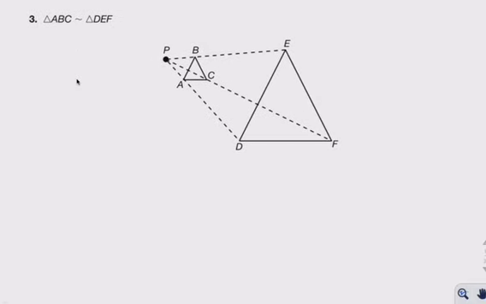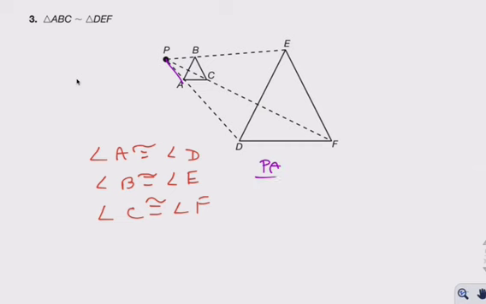Okay, same thing here. You need to write that. For these two triangles to be similar, angle A has to be congruent to angle D. Angle B has to be congruent to angle E. Angle C has to be congruent, that means exactly the same, as angle F. Now, by the center of dilation, point P, we say that PA over PD, this ratio, is equal to PC over PF.